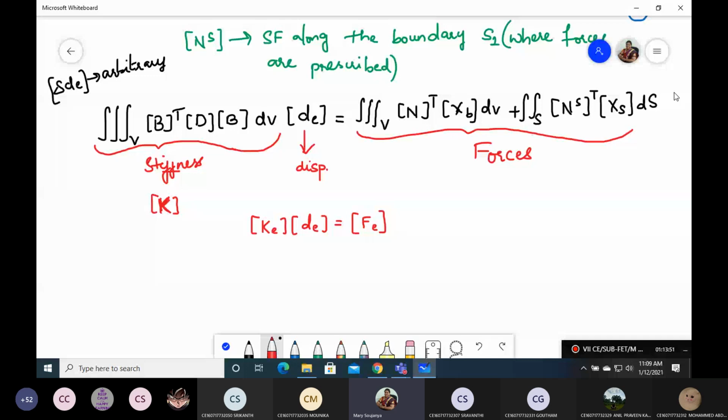Did you get this point? Stiffness is equal to force by displacement. Now, here we have forces on the RHS side and stiffness into displacement on the LHS side. So what will this become?